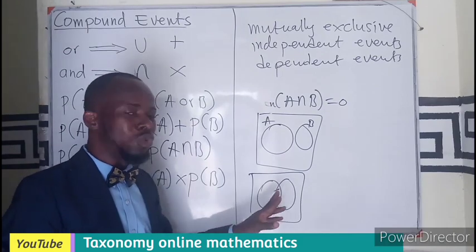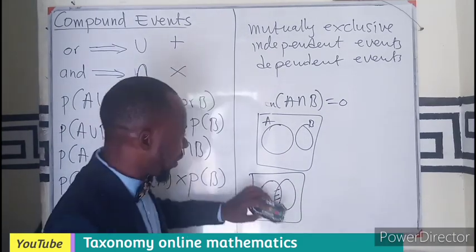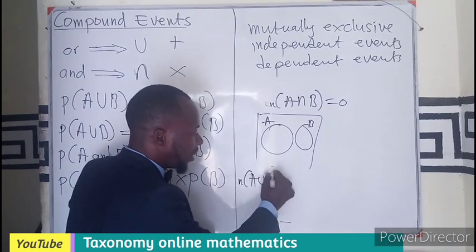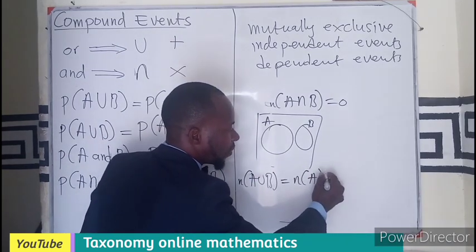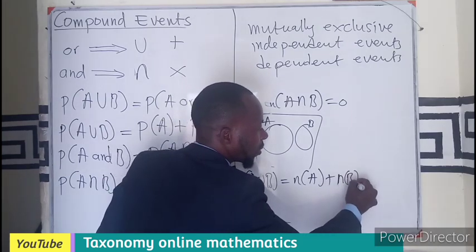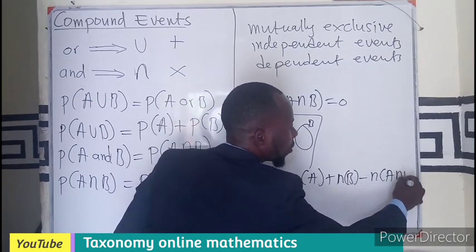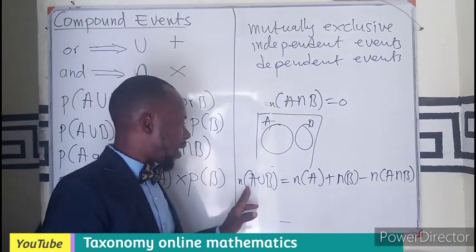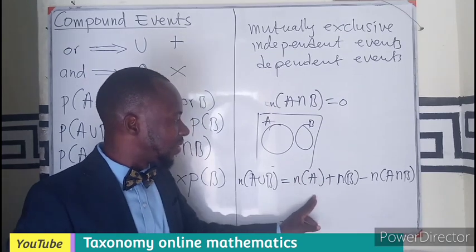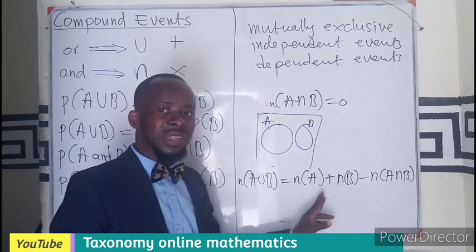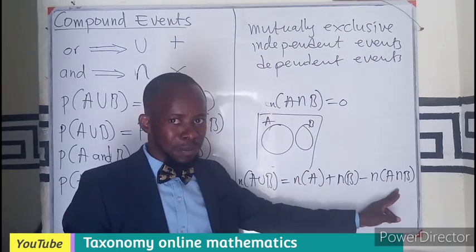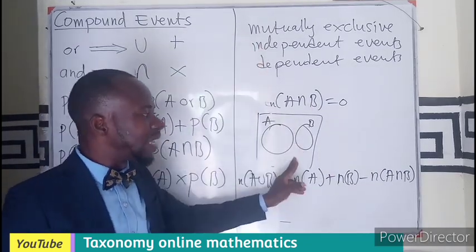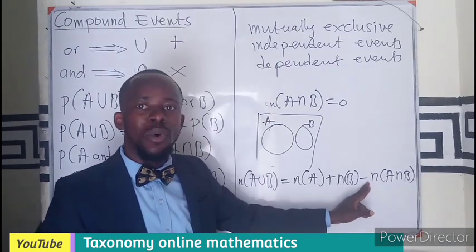So if we are going to talk of set theory, which makes use of the number of A union B equals the number of A, under set theory the number in the union equals the sum of the individual sets minus the intersection. But if we are saying the sets are mutually exclusive, meaning there is no intersection, this subtraction becomes what? 0.